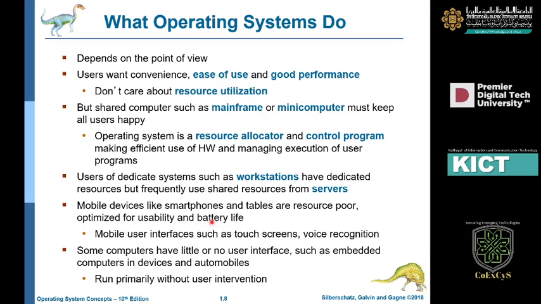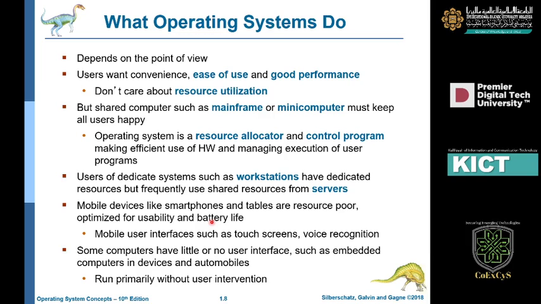On the other hand, mobile devices like smartphones and tablets are basically resource deprived. They don't have a lot of resources. So the operating system here is trying to manage how battery life is being used and optimize usability for the user. It also provides interfaces for touchscreen and voice recognition.